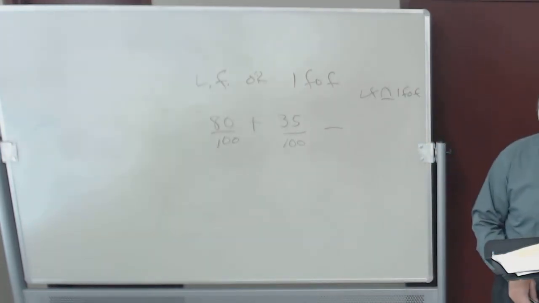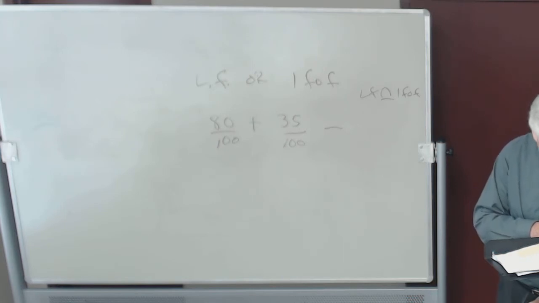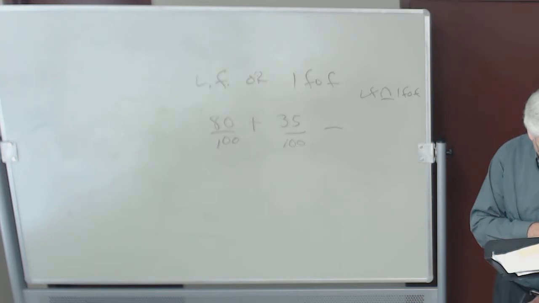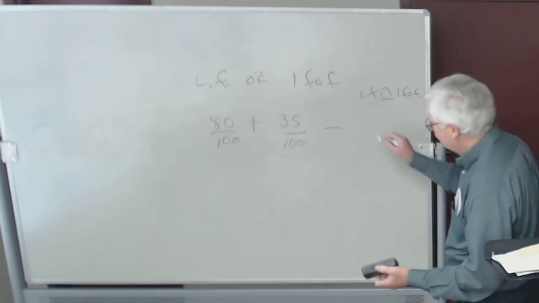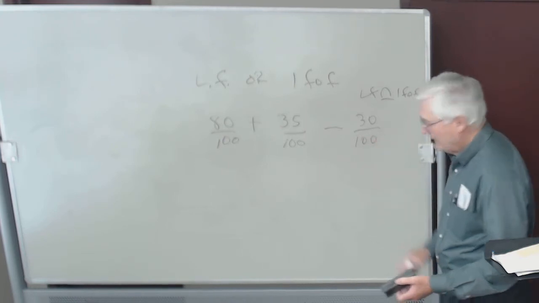You see that? From that formula we had the other day? So where do long forms and incorrectly filled out forms intersect? Under not itemized is 20 and itemized is 10. So that would be minus 30 over 100. Everybody see that?